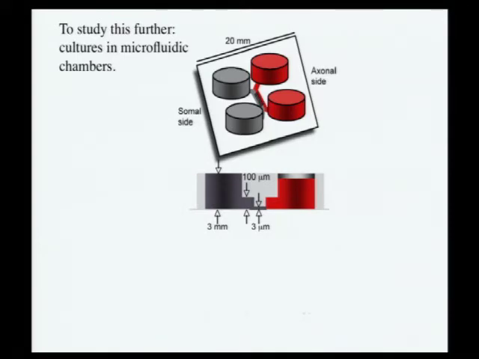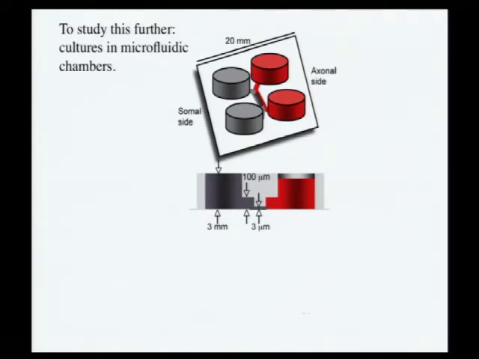Those are connected on this side, the 2 gray chambers, and on this side, the 2 white, by a channel under the surface of the chip. Between the 2, there are some microgrooves, which are very small, 3 microns tall, which connect the 2. And the length of those microgrooves can be adjusted according to the needs of the experiment.